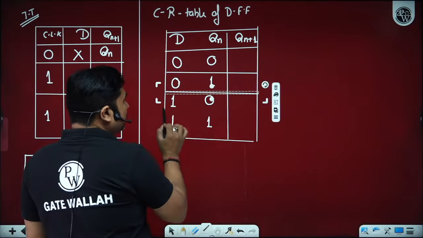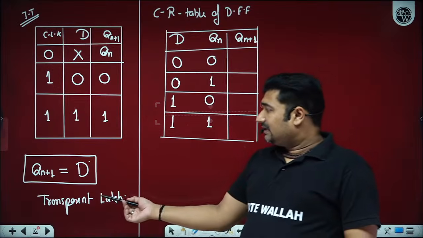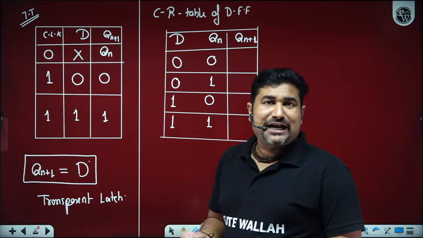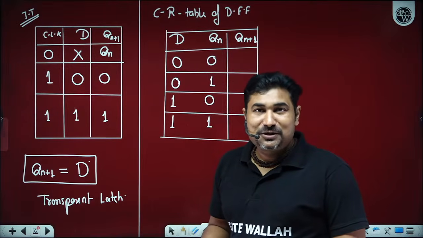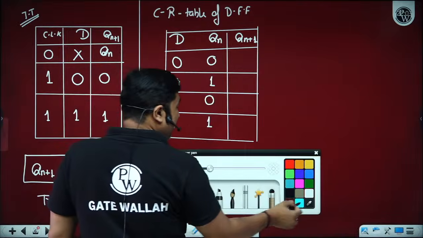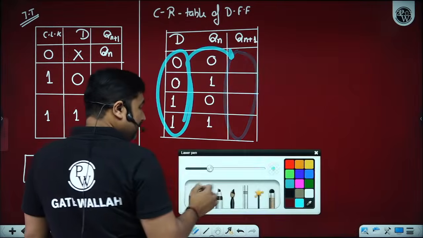Now, to fill this, we can follow the truth table. Since we can observe a D flip-flop is a transparent latch, you will get Qn plus 1 same as D. So whatever D we have, the same is going to be onto the Qn plus 1. Yes, sir.